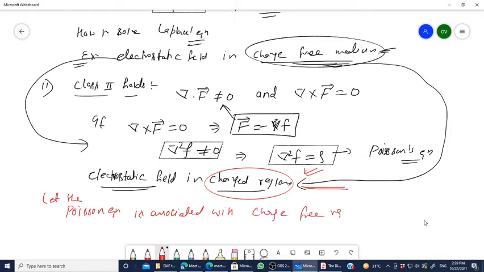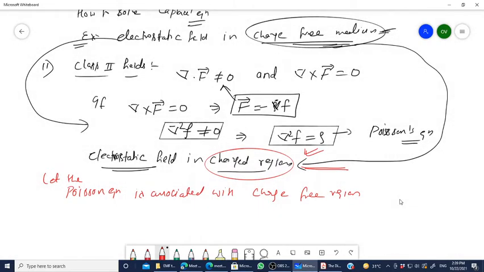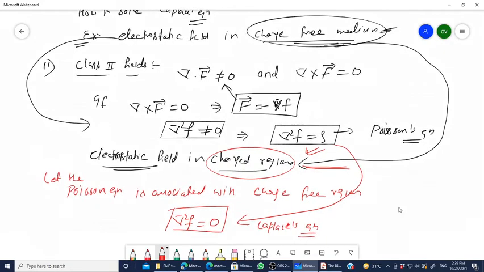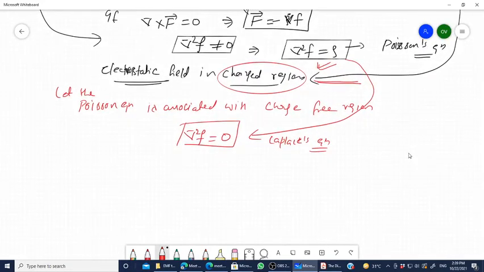Anyone can tell me what happens? Then the equation becomes the Laplace equation. Yes, the Poisson equation becomes the Laplace equation, right? So remember, this problem may be asked.